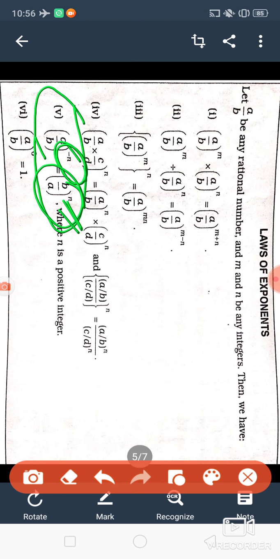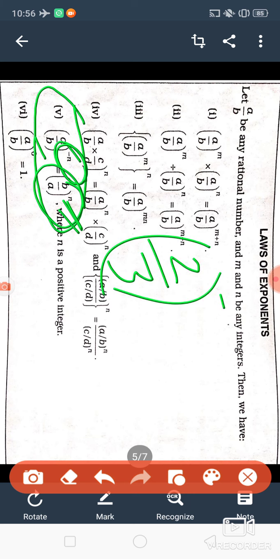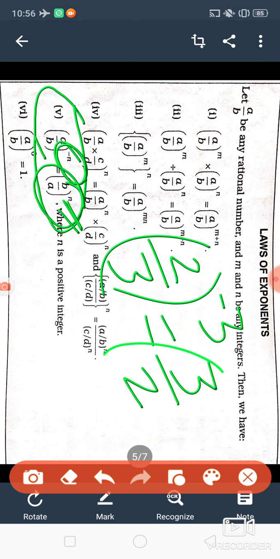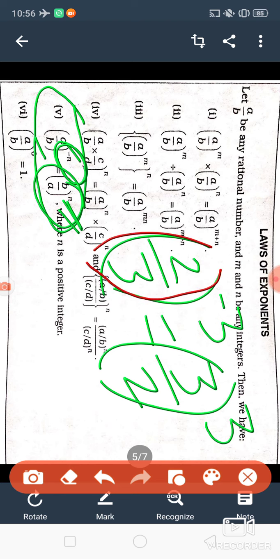Okay. So suppose I write (2/3) to the power minus 3. Exponent is in minus. So in result what we'll get? 3/2 and exponent will become plus. So what you have to do? Whenever any fraction is there and its exponent is in minus, to change this exponent from minus to plus, what we have to do?